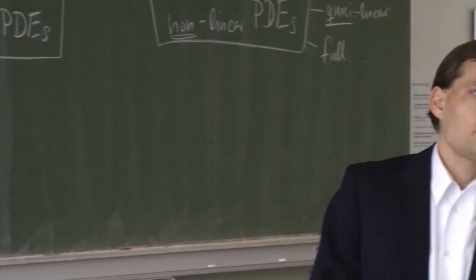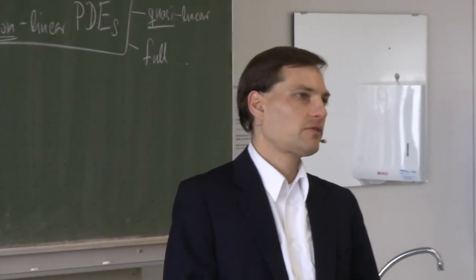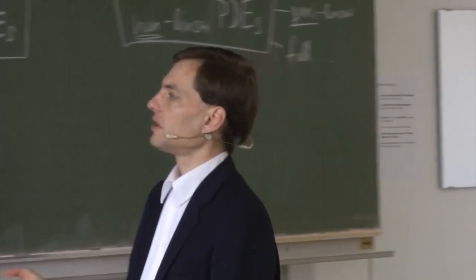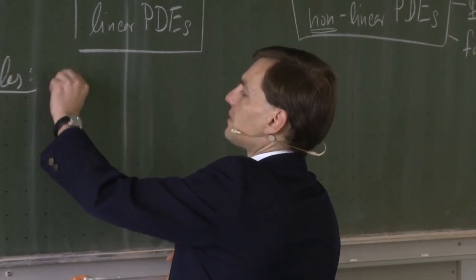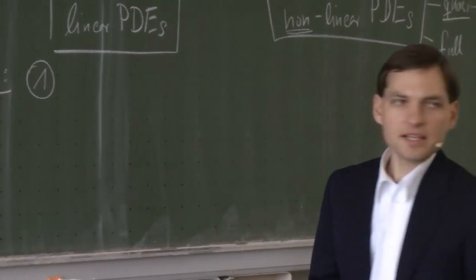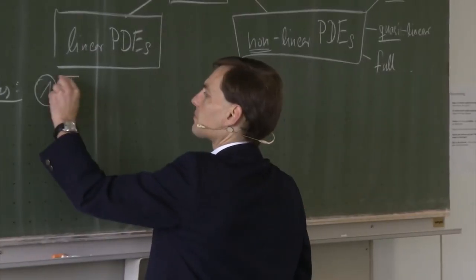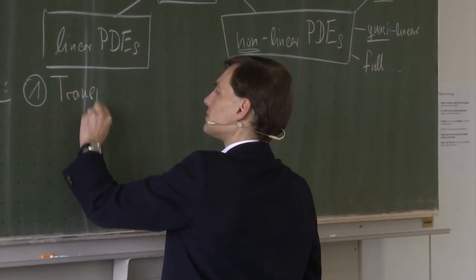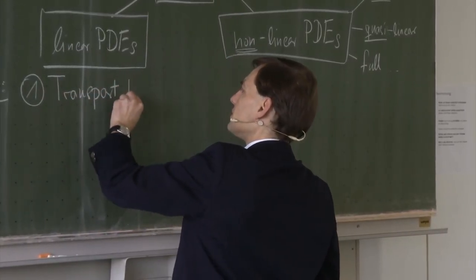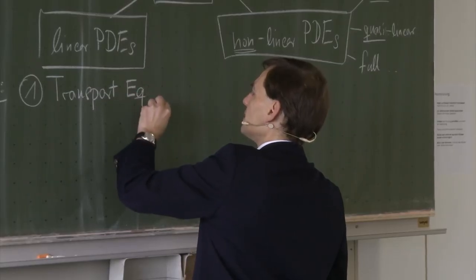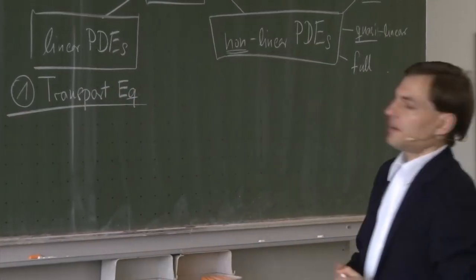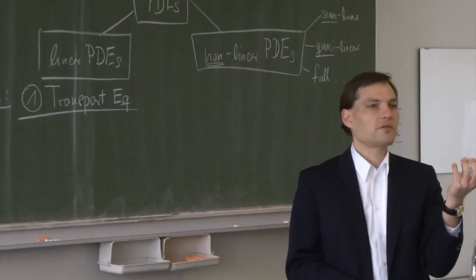The first example of a linear partial differential equation I will describe here, let's call it number one, is the so-called transport equation, or PDE, in general. The transport equation is modeling the following fact.